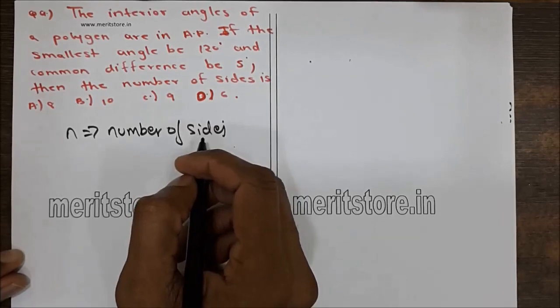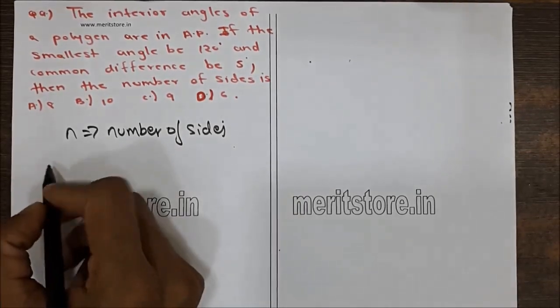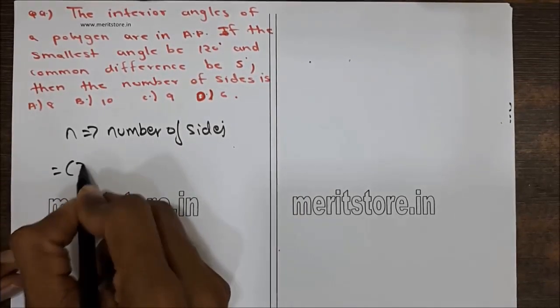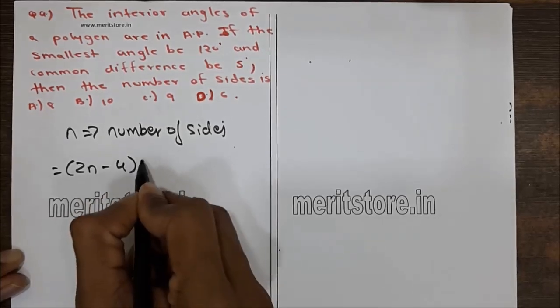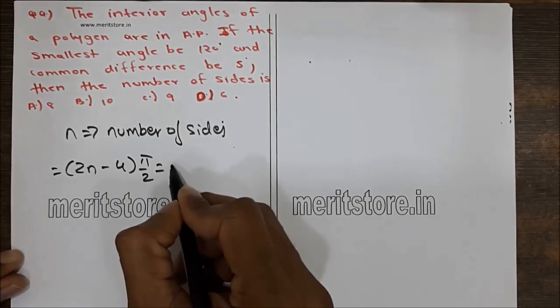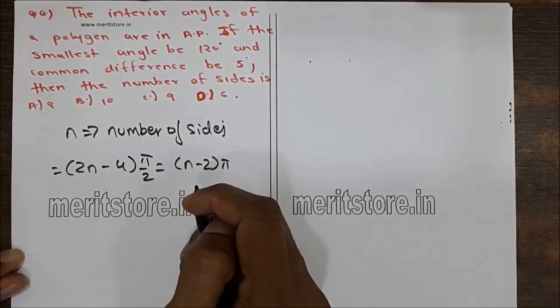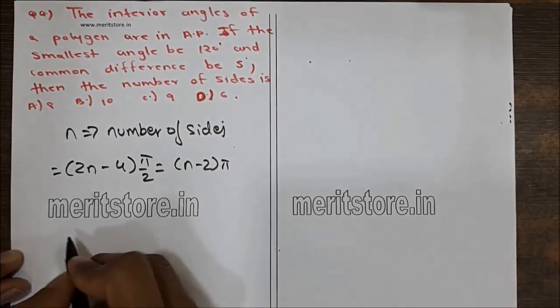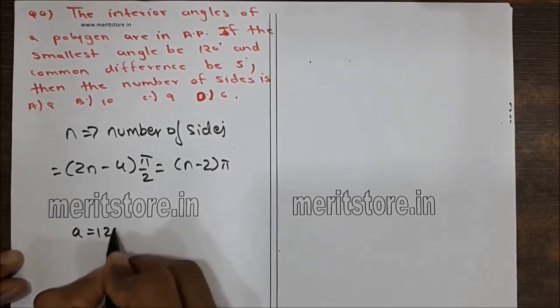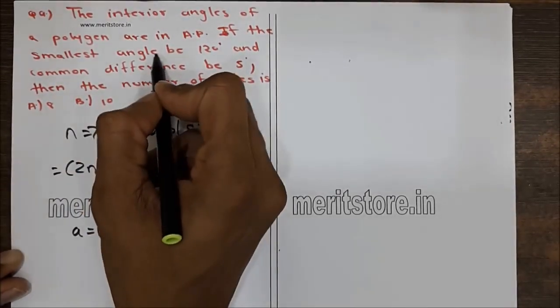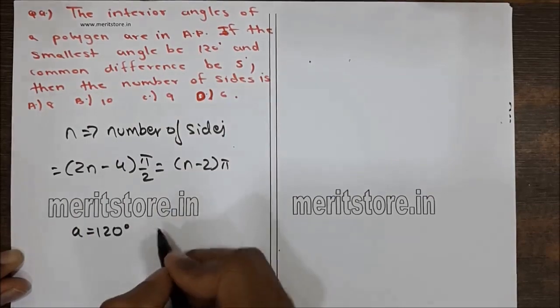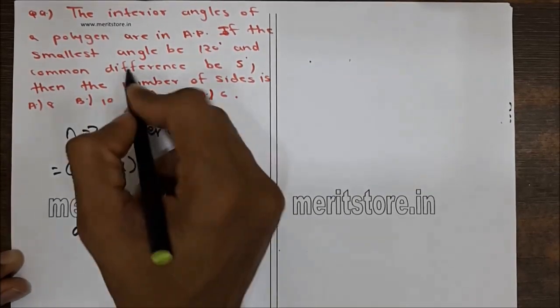Then the sum of interior angles of a polygon is given as (2n minus 4) times pi by 2. We can write this as (n minus 2) pi. Since the angles are in AP, we take a equal to 120 degrees, which is the smallest angle, and d equal to 5, the common difference.